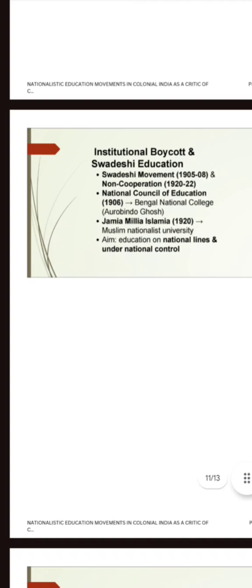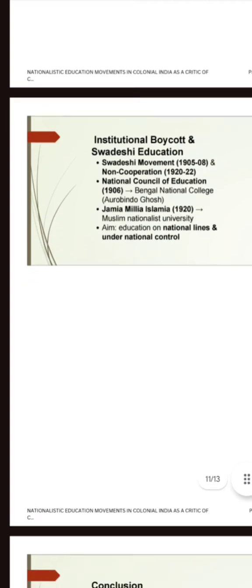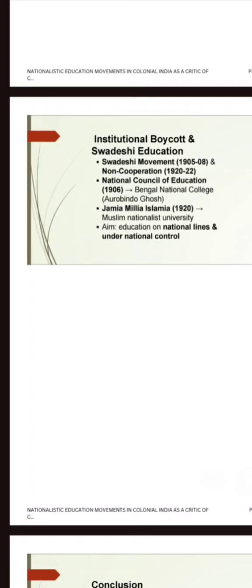Then, the institutional boycott and Swadeshi education. The Swadeshi movement, 1905 to 1908, and non-cooperation, 1920 to 1922.